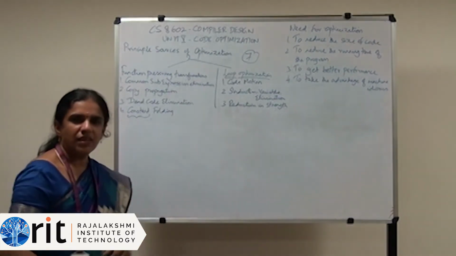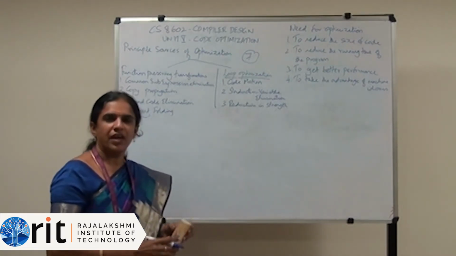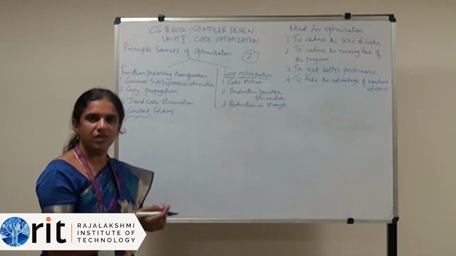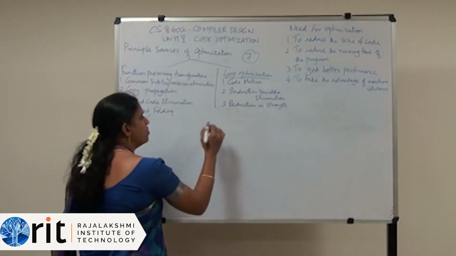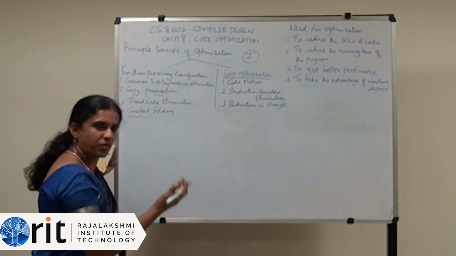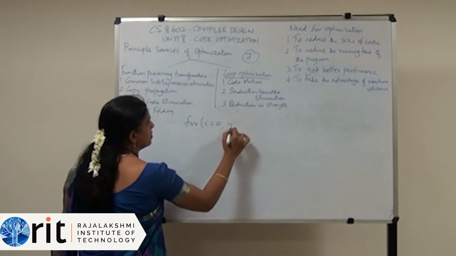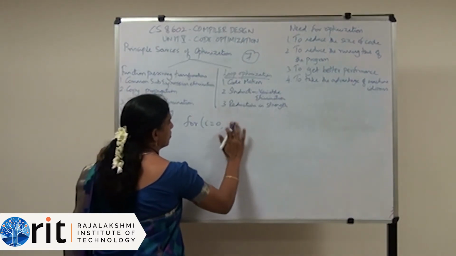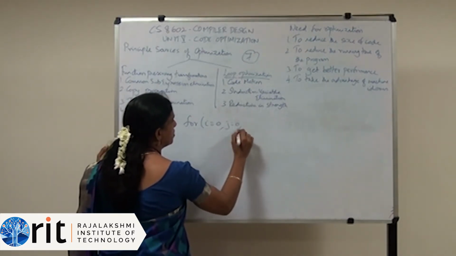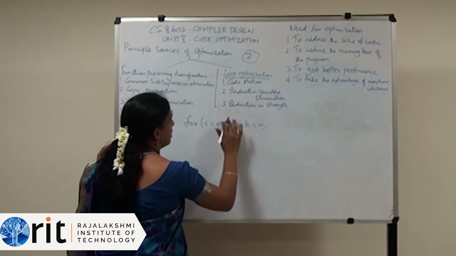The second one is the induction variable elimination. I have to eliminate induction variable which is used more than once in a for loop. The best example is for i equal to 0, j equal to 0, k equal to 0.